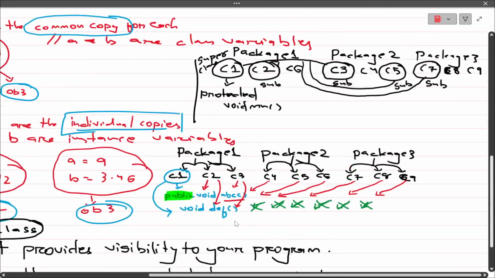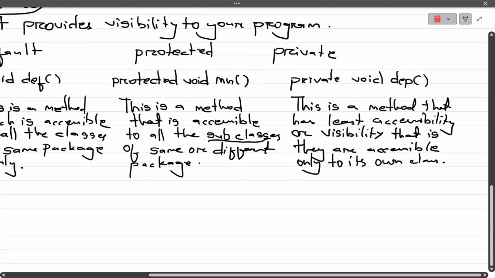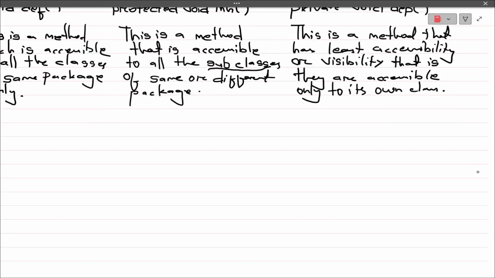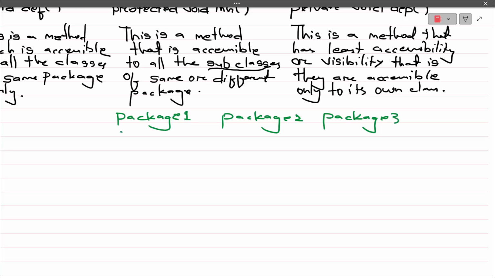The meaning of this is, let me write over here. Suppose you have package 1, package 2 and package 3, even though you may have many packages. Suppose here I have C1, C2, so there are 3 classes. Here I have C4, C5, C6, and here I have C7, C8, C9.